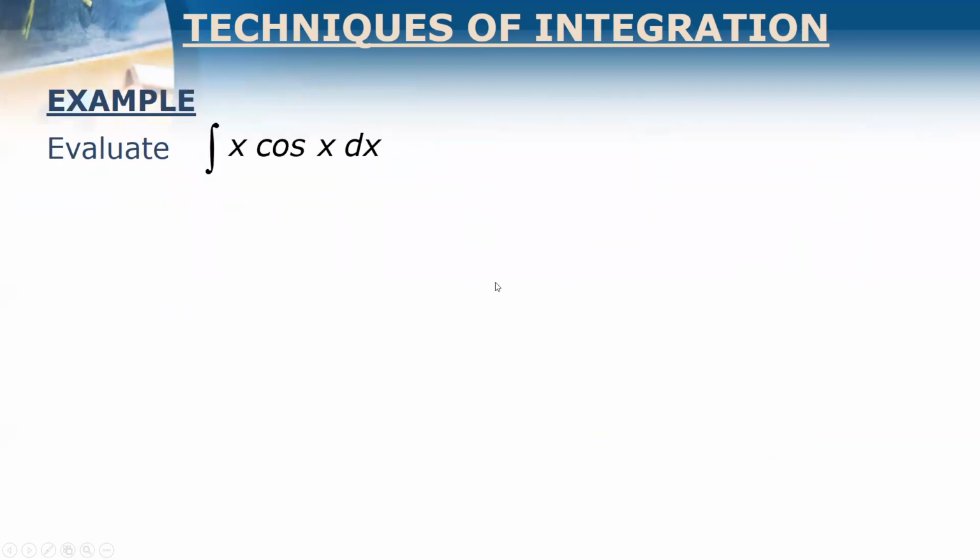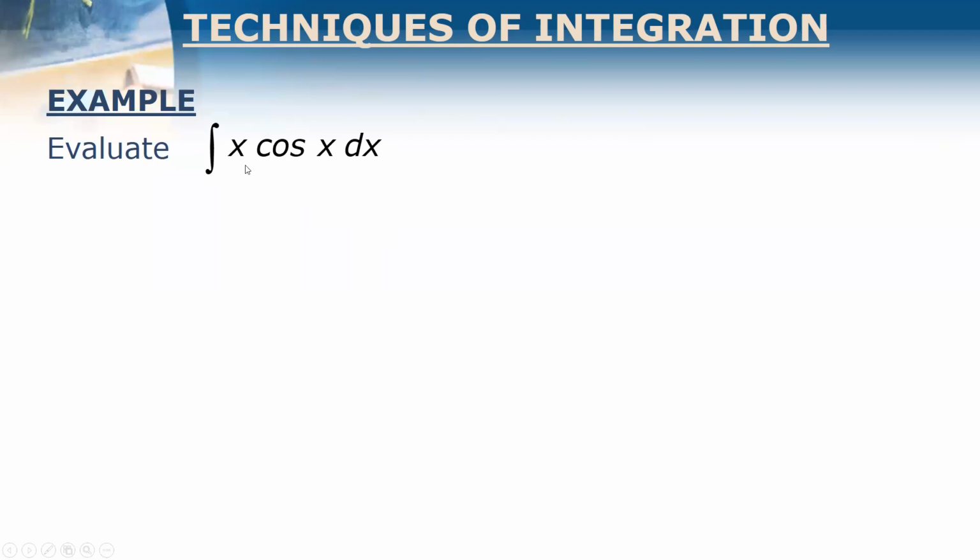So the first example is: evaluate the integral of x cosine x dx. Now, this cannot be solved using change of variable or substitution, because if you let cosine x as your u, then your du will be negative sine x dx. So if cosine x is the function, which is trigonometric, the derivative is also trigonometric in nature, and we cannot find sine x.